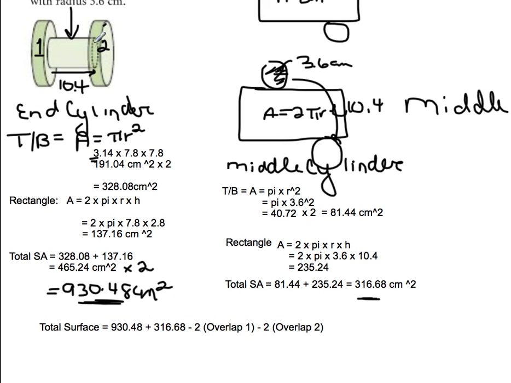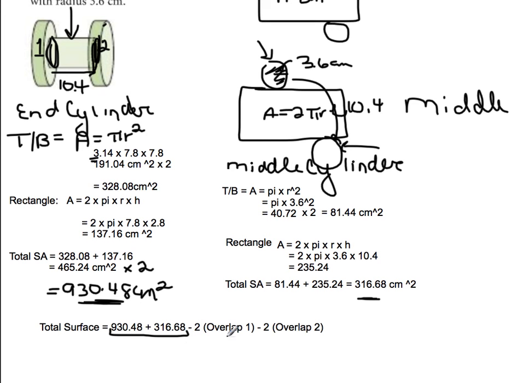Now, let's talk about the overlaps. This would be the area of overlap 1, and this one would be the area of overlap 2. Well, they are the top and bottom of my middle cylinder. So really, I'm just going to simplify this.